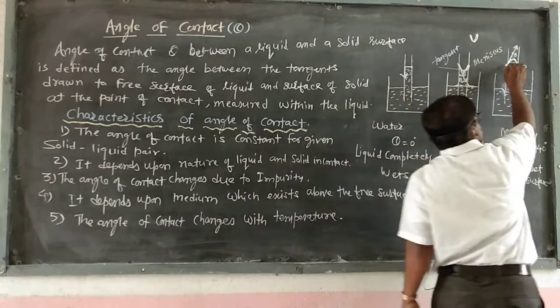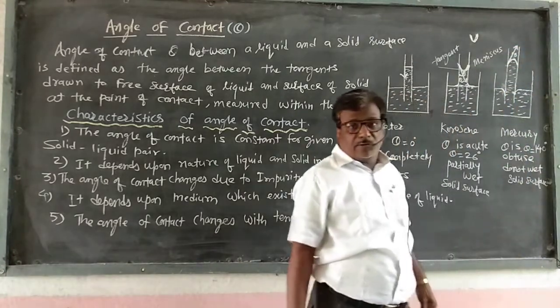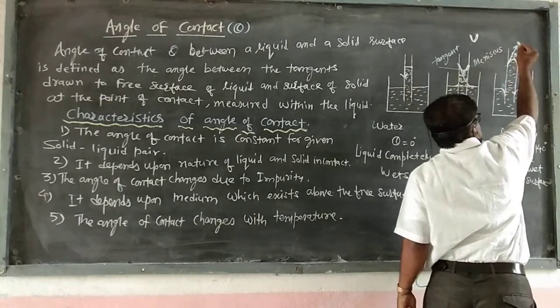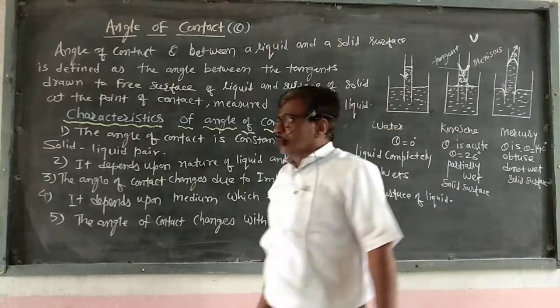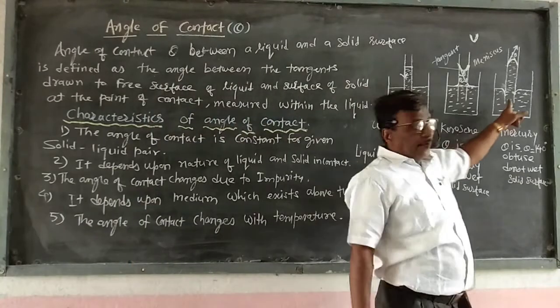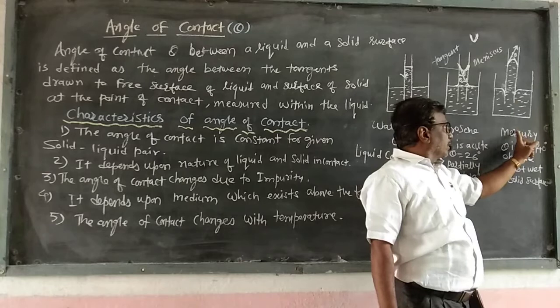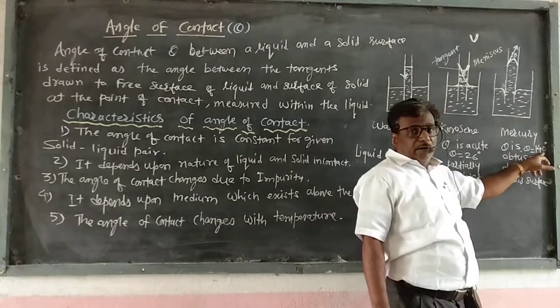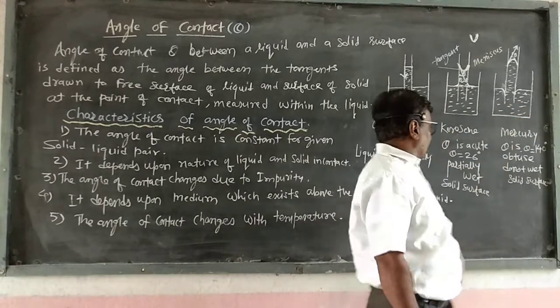And when we draw a tangent at the point of contact where solid and liquid are in contact, the angle theta measured is obtuse when we take mercury and pure glass. That is equal to 140 degrees for mercury and pure glass.